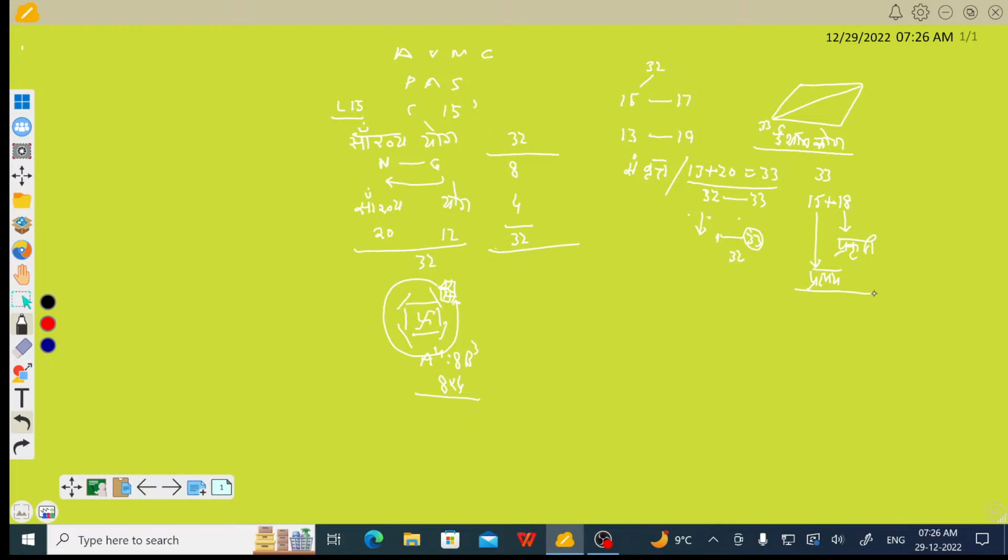Now numbers 1 to 15 as such means 15 multiplied by 8, it is 120.